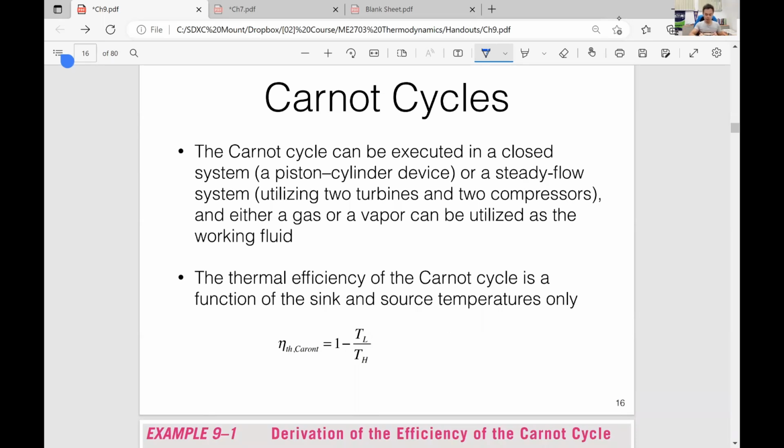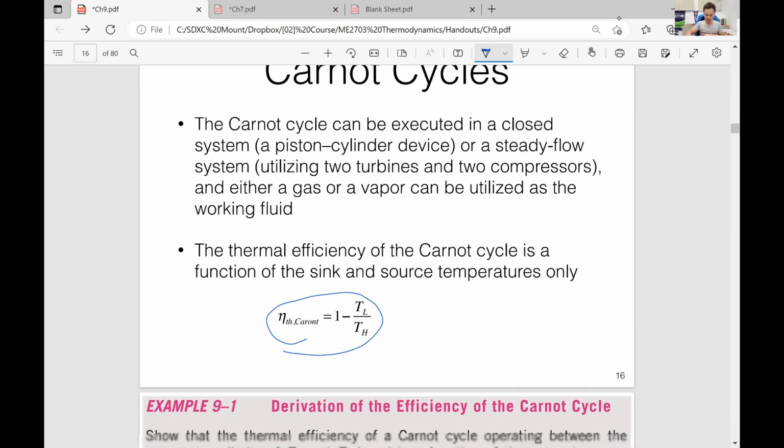And we have shown this before. We can rewrite the efficiency of a Carnot cycle in terms of temperature instead of Q in or Q out, right? We have proven this in, I think, somewhere in the example in chapter 7.